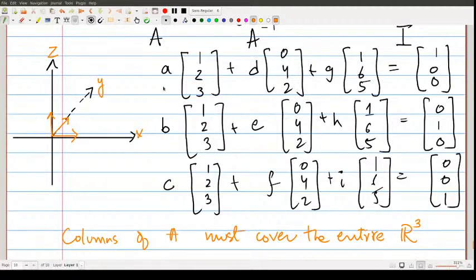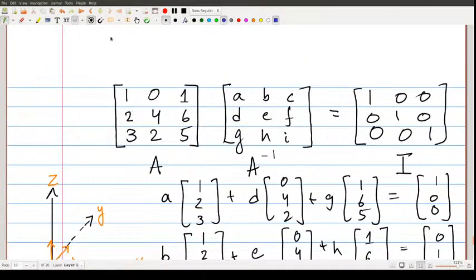There's no way I'll be able to find these values A, B, C, D, E, F, G, H, I that give me these 3 vectors. Notice that these columns were specially constructed by me so that they don't cover the entire space.